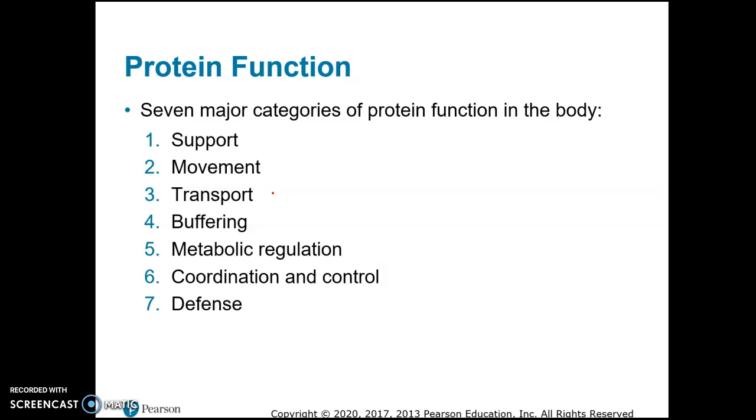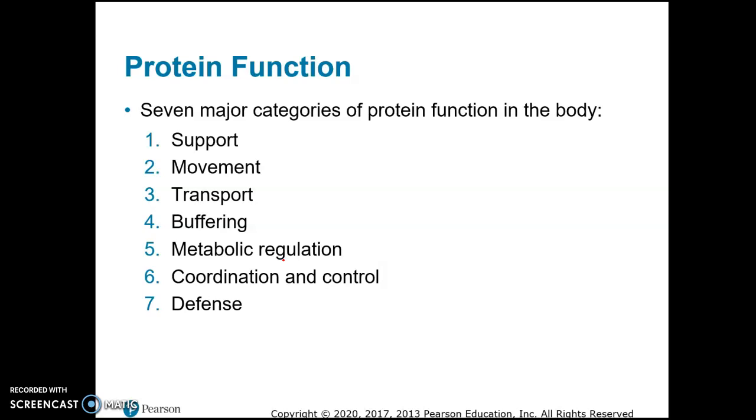Proteins can function in buffering. Remember, a buffer is any chemical that helps to remove hydrogen ions or add hydrogen ions to solution in body fluids in order to maintain a constant pH. Proteins are used in metabolic regulation. The chemical reactions that occur in the body can be regulated by enzymes.